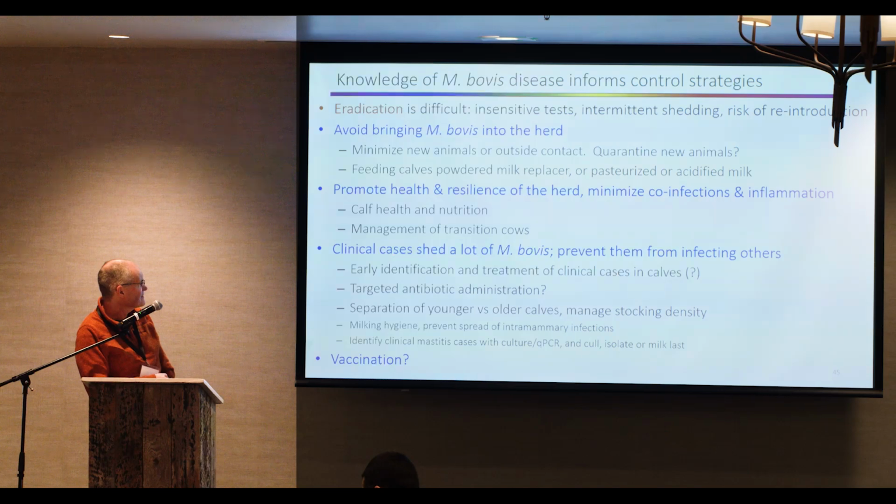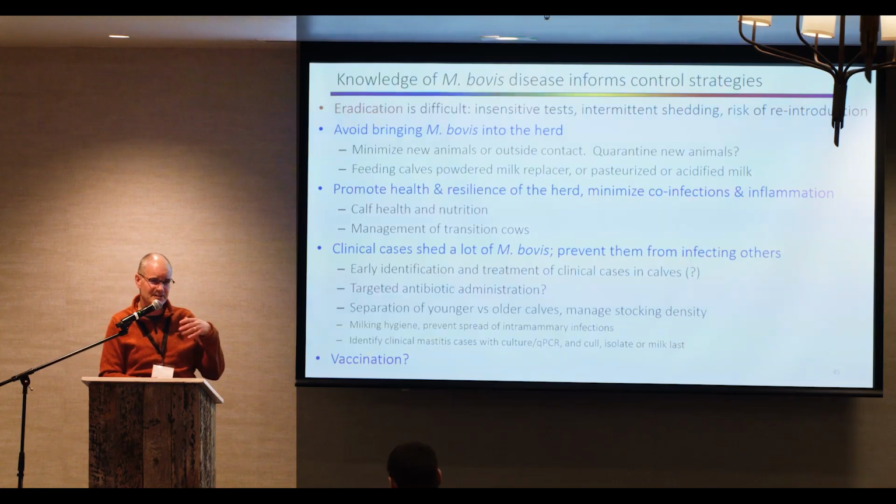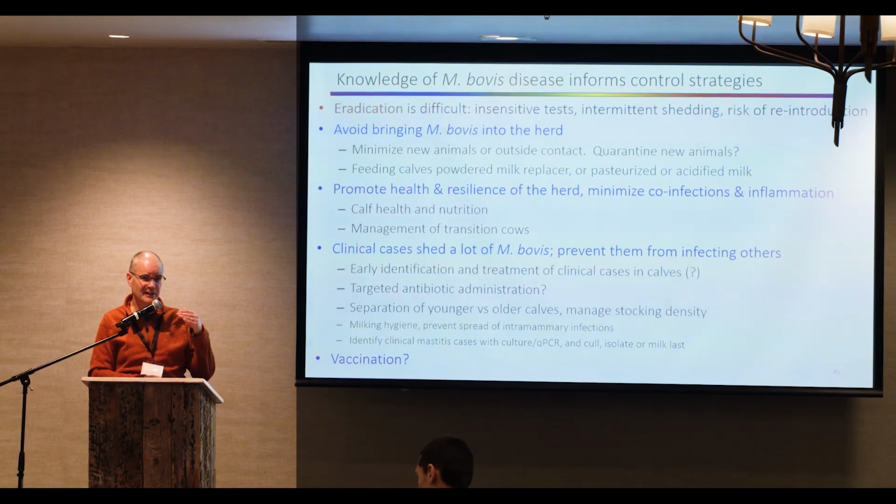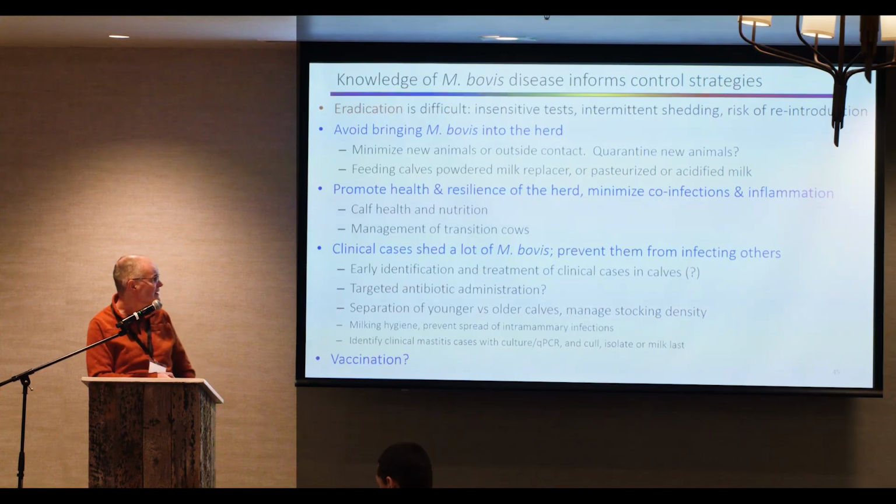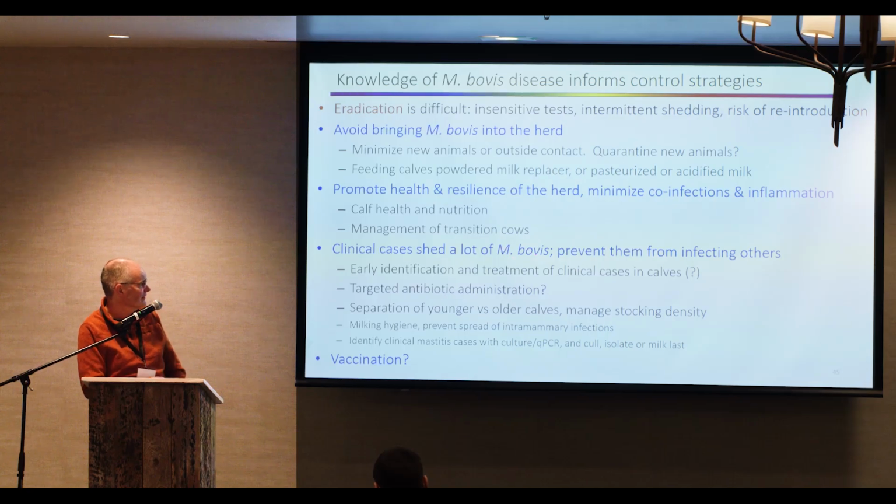We know that animals that are sick because of Mycoplasma bovis shed a lot of the bacterium. And the slide that I skipped shows that the animals that have a really high load of bacterium are much more likely to have clinical disease and not respond well to therapy. So it makes sense that if we can reduce the infectious disease challenge, if we can prevent those clinical cases from transmitting to other calves, then that may be effective in preventing it from spreading.